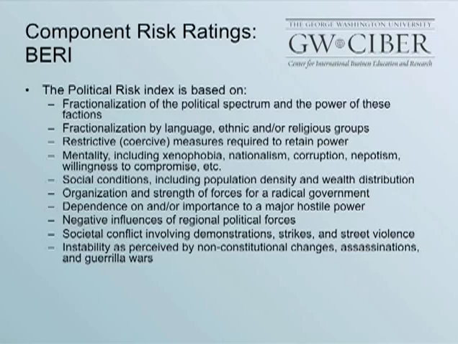The negative influences of regional political forces, societal conflict as measured by strikes, demonstrations, street violence, and even instability as possibly measured by guerrilla wars and assassinations. And we're getting clearly into the realm of political science.